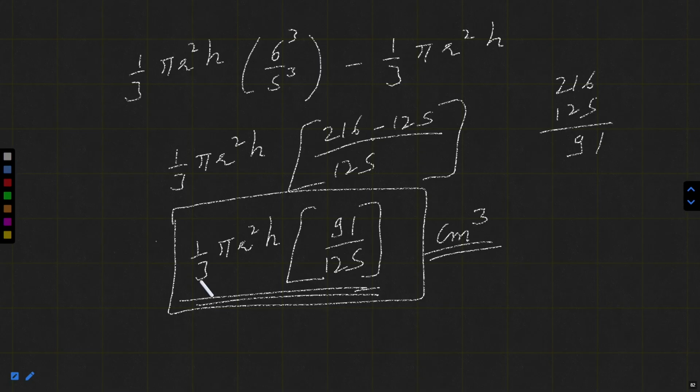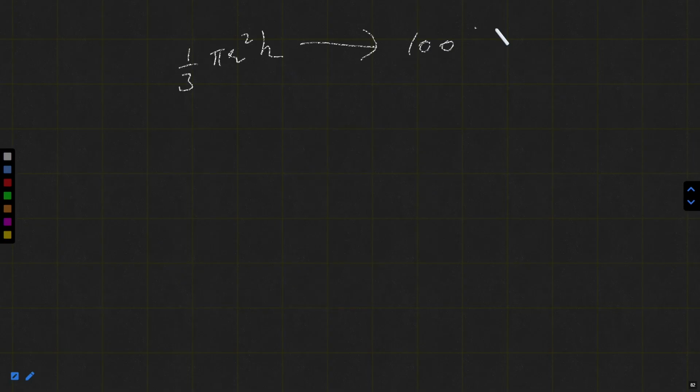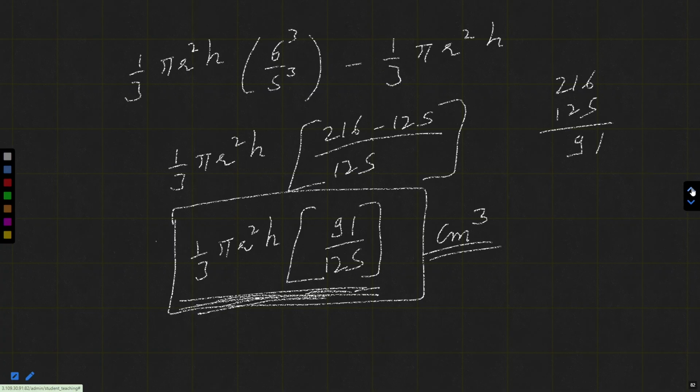So in terms of percentage, we know that 1 by 3 pi r square h claims the 100%. Yes, because this is the old volume and it is itself 100%, and we increase this much of volume.